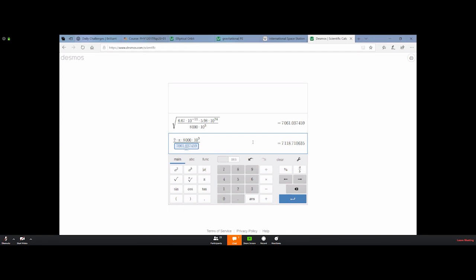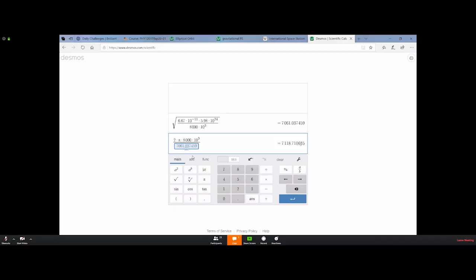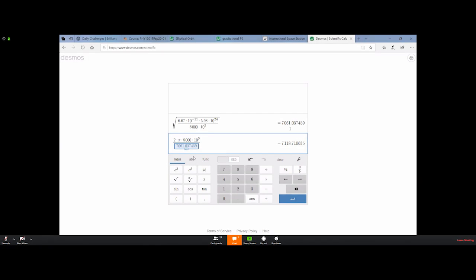And that should agree with just doing this directly, but I'm not going to do that directly. Just trust me, or double check. Don't trust me that Kepler's third law would give us this same period. So what did I do here? Distance for one orbit divided by speed is time for one orbit, and this is in seconds. So you're orbiting at about 7,061 meters per second, and it'll take you 7,119 seconds to orbit.